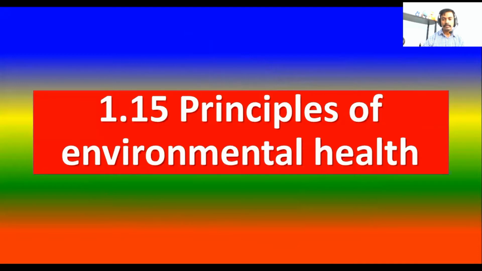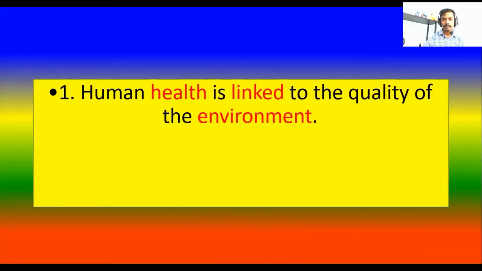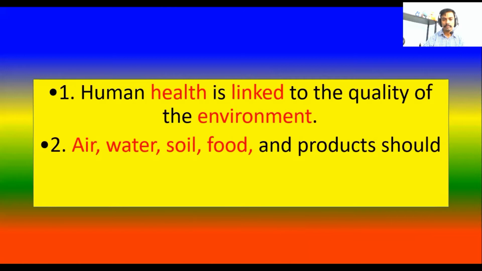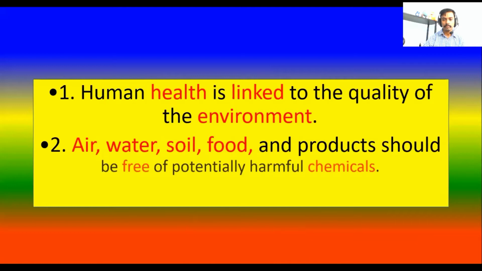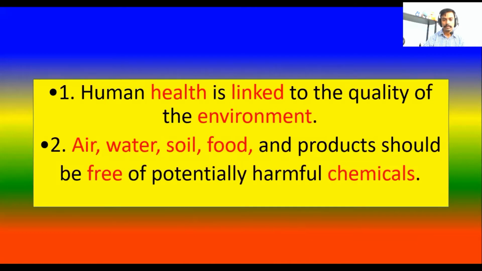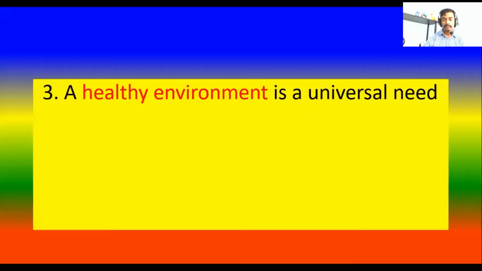Next section, principles of environmental health. Health is linked to the quality of the environment. As we have discussed, the air, water, soil, food, and products should be free of potentially harmful chemicals, which means away from hazards.